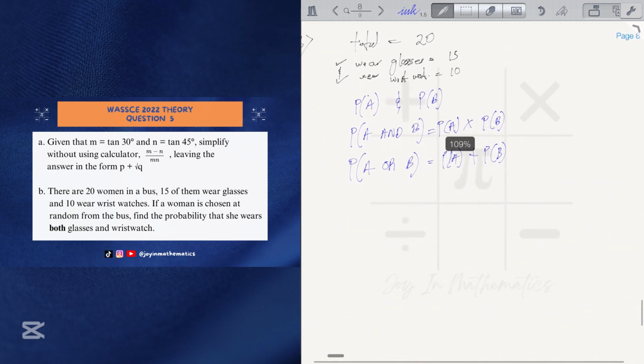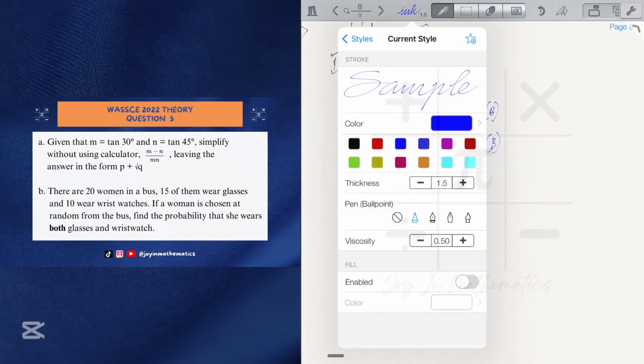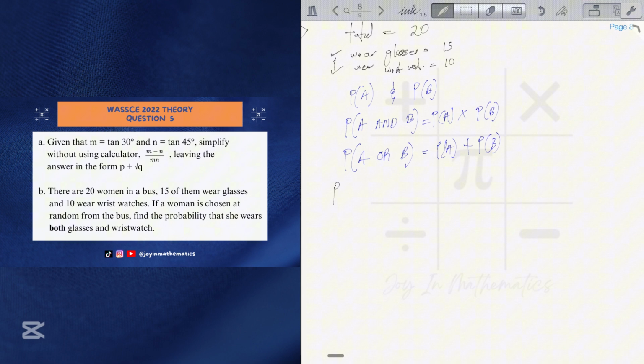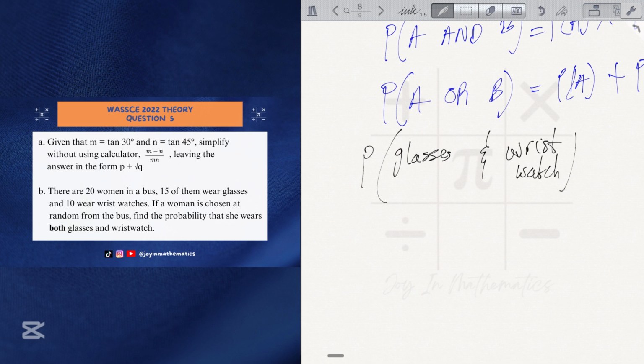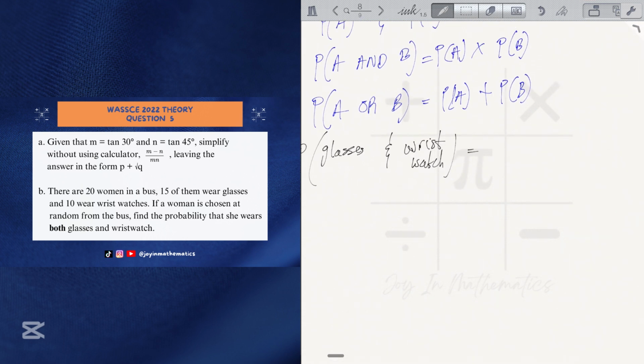Now the probability that the woman chosen at random wears both glasses and wristwatch will be the probability of glasses multiplied by the probability of wristwatch, because we're applying this principle.